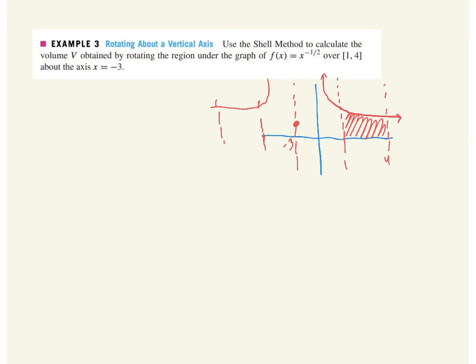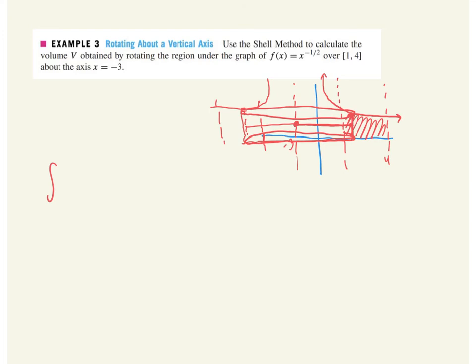So now our radius goes from here until wherever we are hitting on our graph. So if this is the shell that we're looking at, our radius has now grown by 3 units.